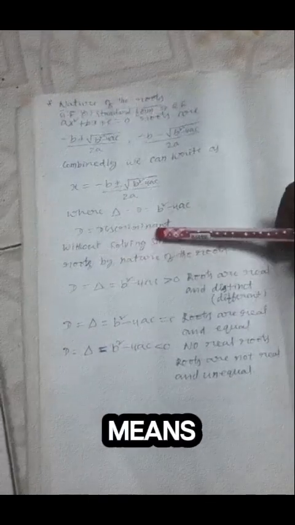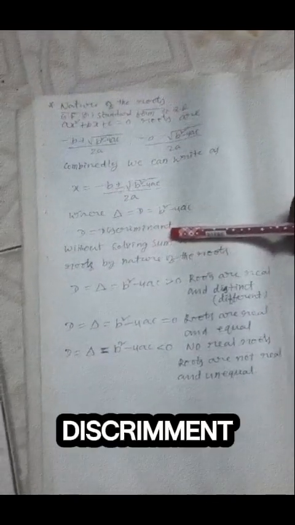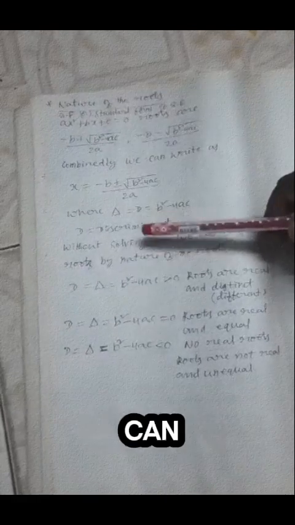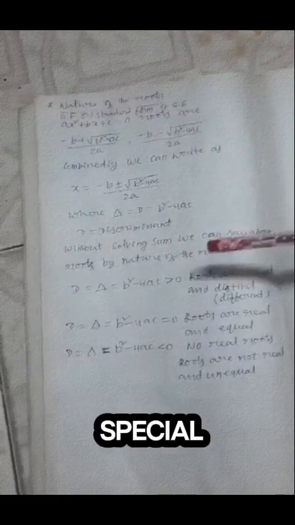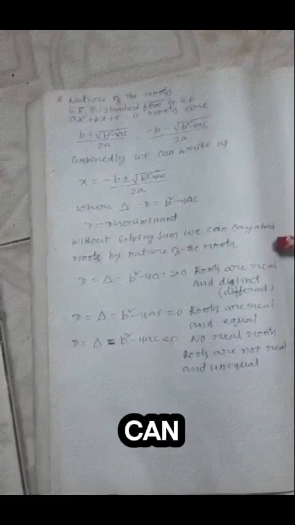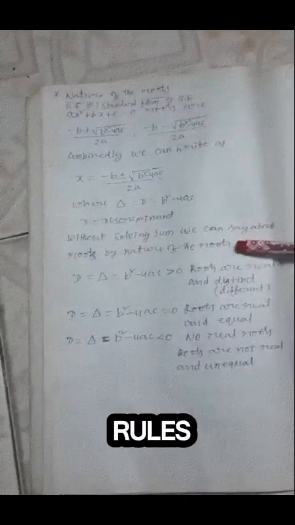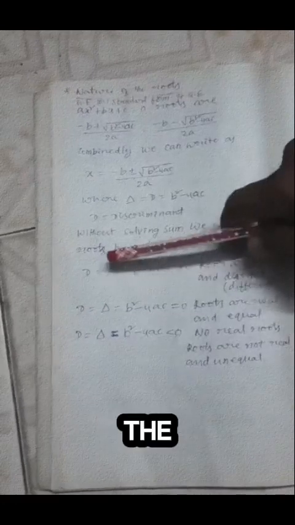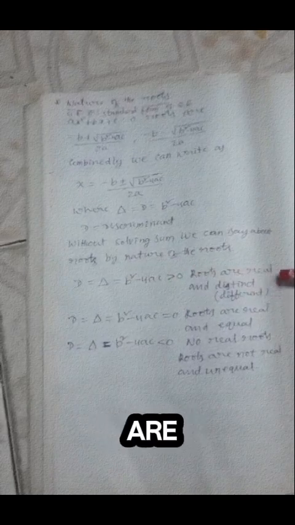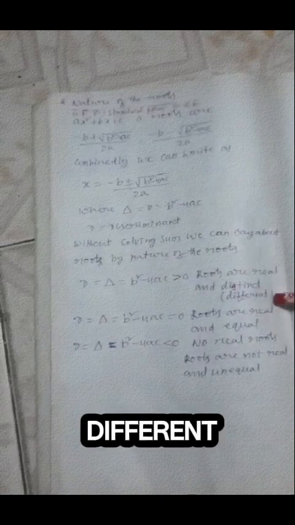D means discriminant. Discriminant means without finding any solution we can find the nature of the roots, that is the special thing. Without solving any sum we can say about the roots by this nature of the roots. What is that? D or delta is equal to b square minus 4ac is greater than 0 means roots are real and distinct, or different.